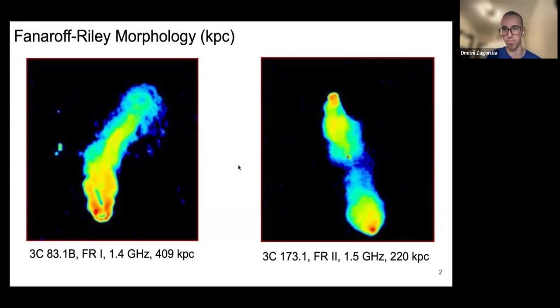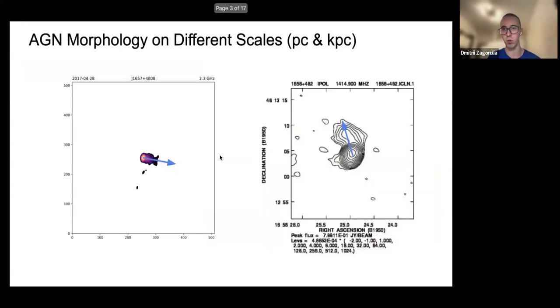Additionally, they found out that there is a correlation between the total luminosity and their morphological class, which is interesting. But those were kiloparsec scales. And nowadays, with the improvement of telescope resolution, we obtained parsec scale images.